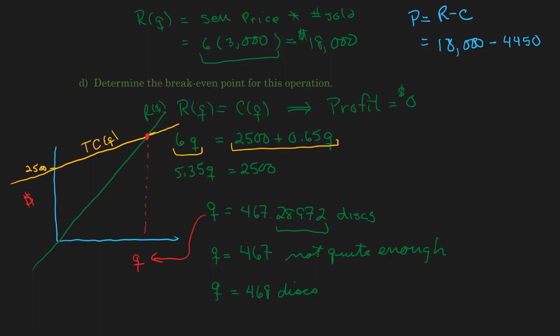We'll take a look at that as we progress through the course, but for right now, realize that you can also set it up like we've done here at this point to create an equation 5.35q equals 2500. This way is actually a better way and a more accurate way to solve it, because when you start graphing things, you run into inaccuracies.